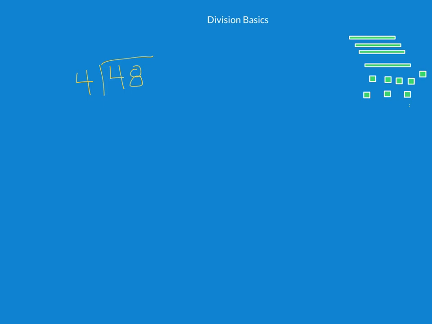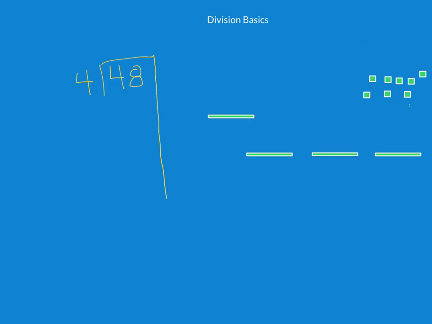All right, so I have 48 in all, and you can see my 48 place value blocks off to the side, and I'm going to split them into 4 equal groups. So I'm actually going to start with my largest place value. I'll start with tens, and there's 1 in one group, 1 in the next group, and 1 for this group, and then 1 for this group.